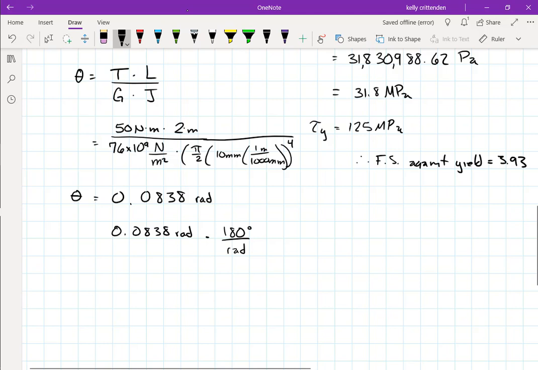So multiply times 180, and divide by pi. 4.8 degrees.